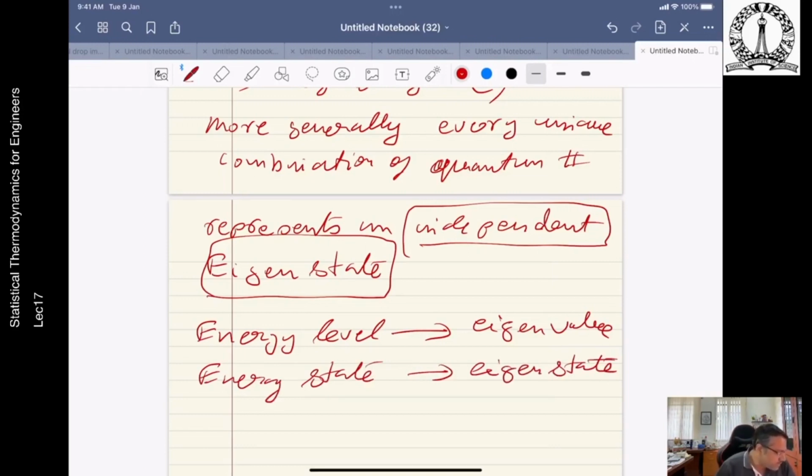Each energy level is defined by its eigenvalue, whereas each energy state is defined by its eigenstate.